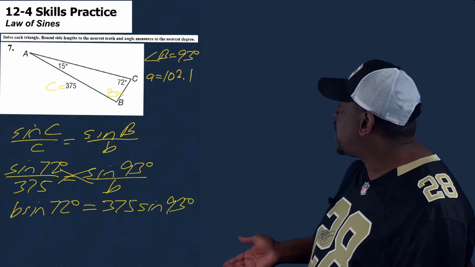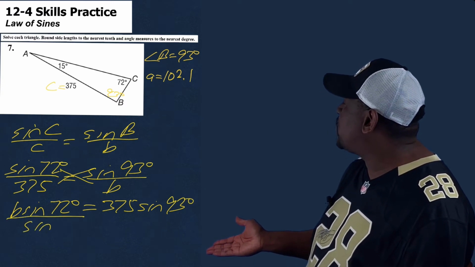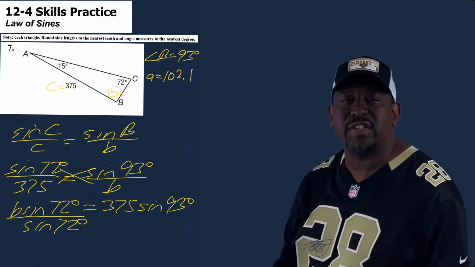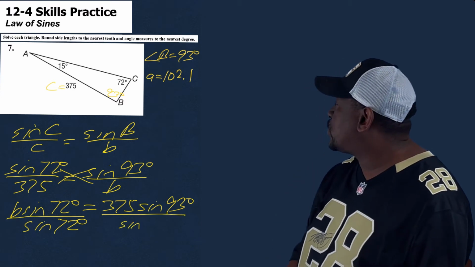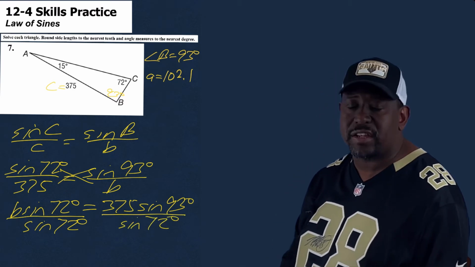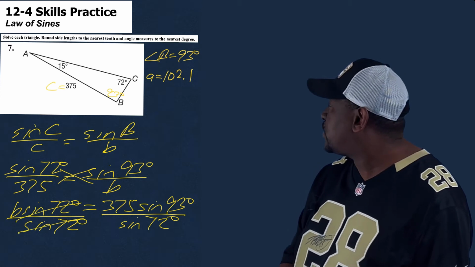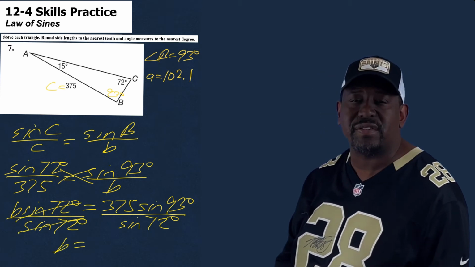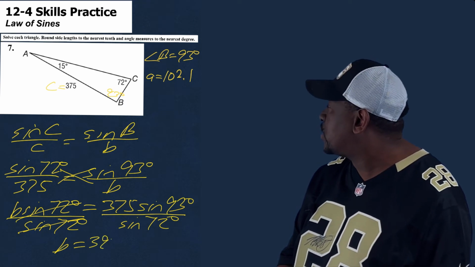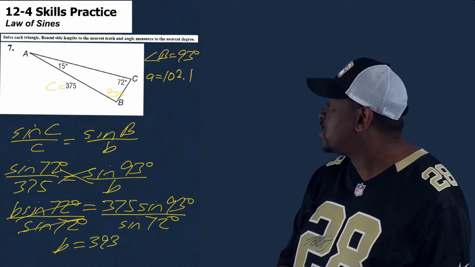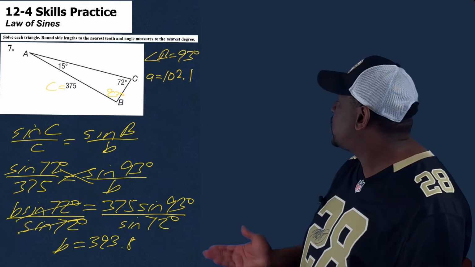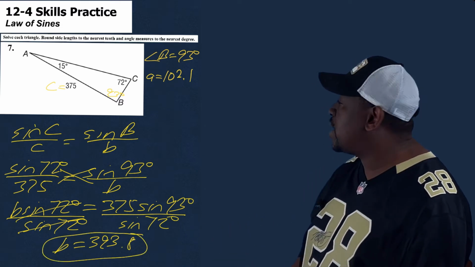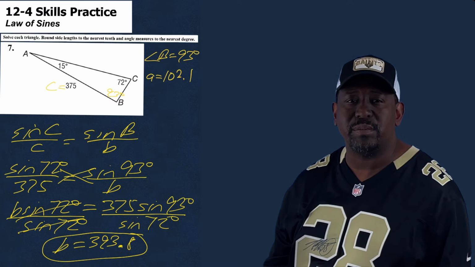So what we do next is we will divide both sides by sine of 72 degrees, and we will solve for B. So you get your calculators, multiply 375 times sine of 93 degrees, divide by sine of 72 degrees, and you will get a value of 393.8, and that will give us the value of side B.